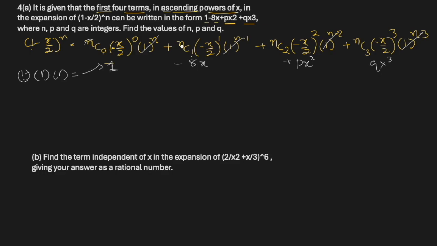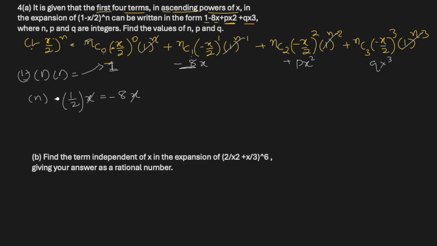Let's talk about the second one. NC1. Anything C1 is that number, which is n in this case. Minus x to the power 2, so let me write minus half x. I'm breaking it so that I can compare it with minus 8. So minus 1 over 2x, and this is again 1. This is equal to minus 8x. So x is on both sides, we can cancel them out, and we'll find n from this.